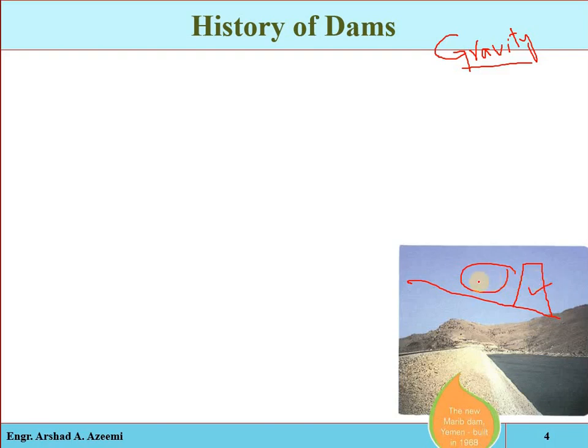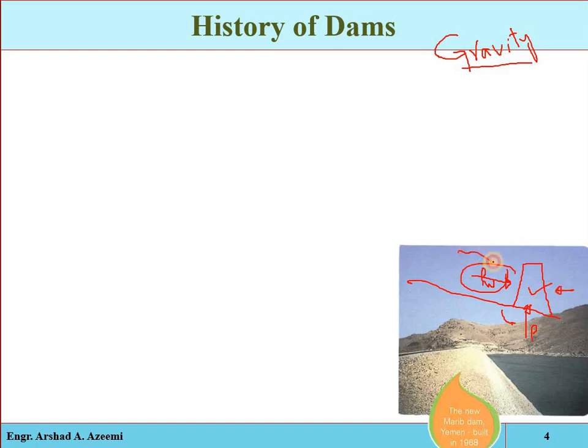Now you can see that the water stored at the upstream side must exert some pressure on the structure, which is called the water pressure. Also some pressure will be exerted upward due to the seepage water, which is called the uplift pressure. Also we will have some earthquake pressure if the structure is constructed in a seismic region.